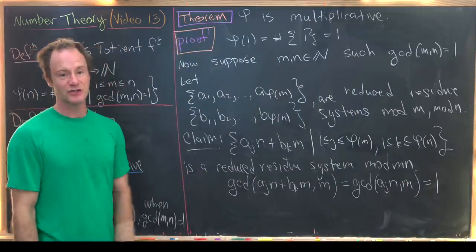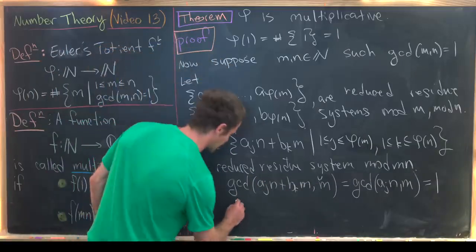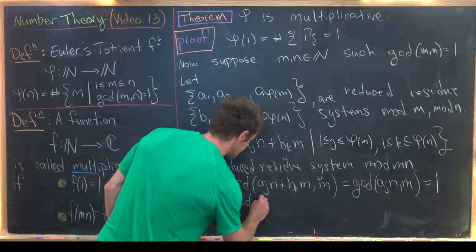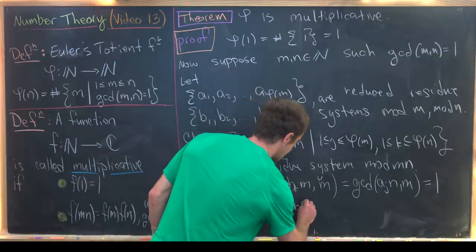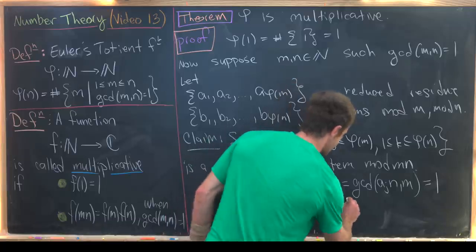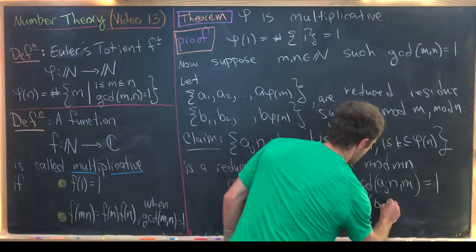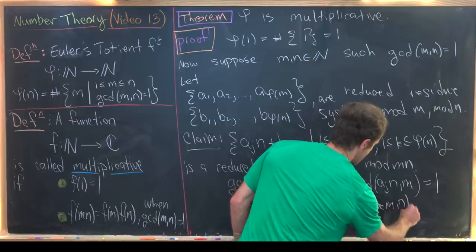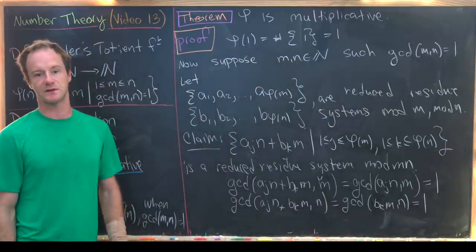But now we can symmetrically play this game having an n here instead of an m here. So we've got the GCD of AJN plus BKM with n is the same thing as the GCD of BKM with n, which is equal to 1. Again, kind of symmetrically for the same reason.